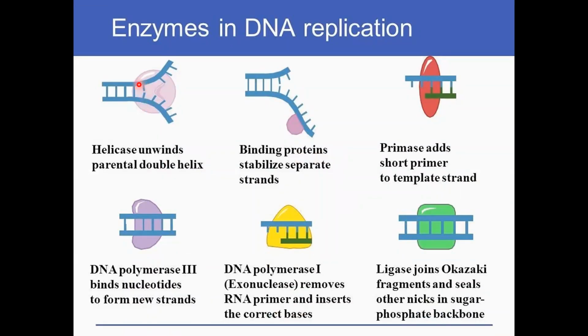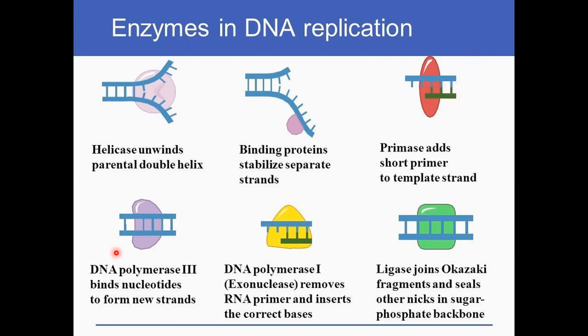Again, you can see the helicase breaking the bonds here, the single strand binding proteins stabilizing the strand. You can appreciate this primase. It has added a short primer template, and this is not a DNA template. I just told you it's an RNA template, a much more stable template, but a template that is relatively easier to remove as compared to DNA, that, if it becomes wrong, cannot be easily removed.